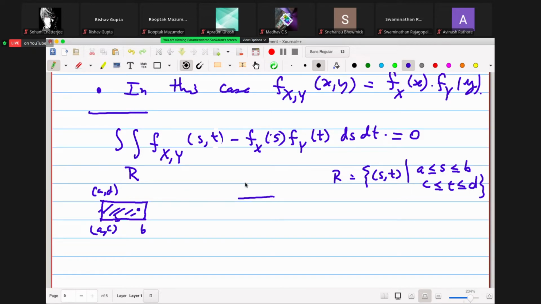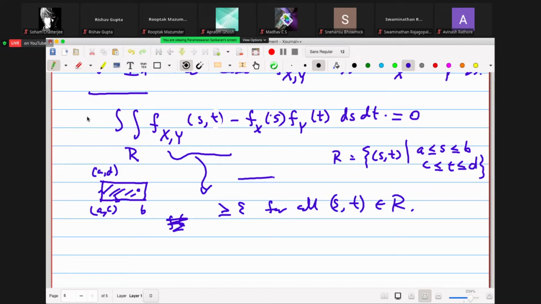So on this rectangle this quantity is bigger than or equal to some epsilon, therefore, for all s, t in R. So if I call this integral I, then I is bigger than or equal to epsilon times the area of the rectangle.